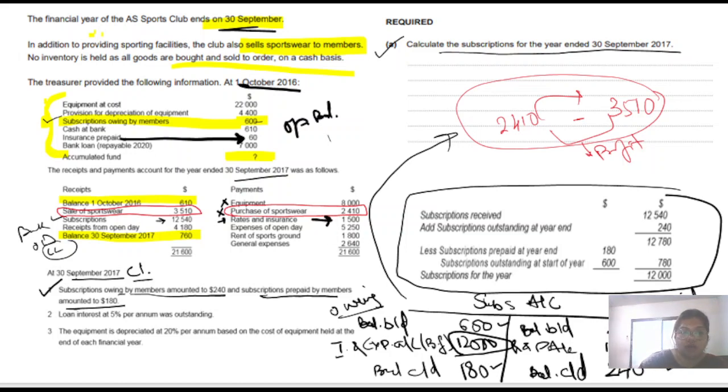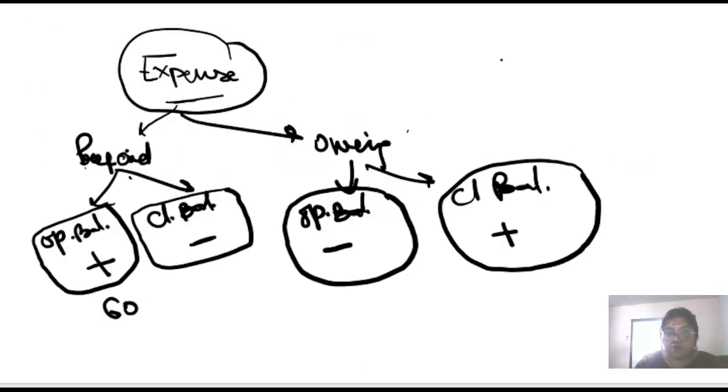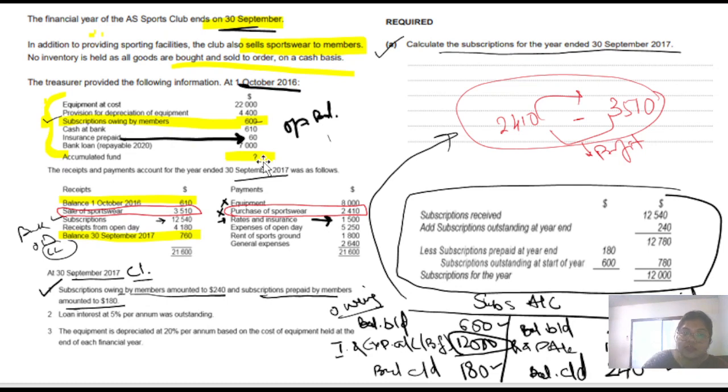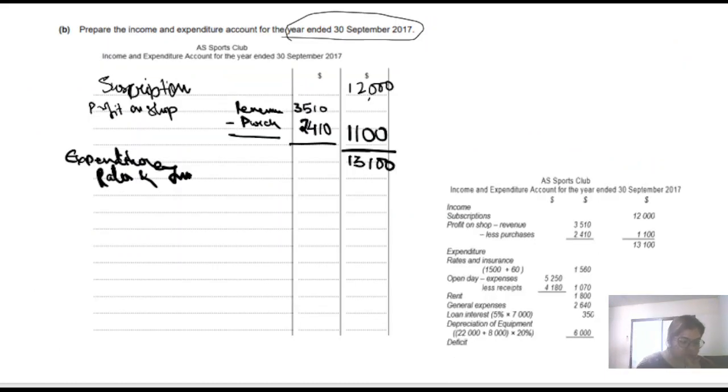So you have to just add 1500 plus 60. Now you came to know why I am saying you have to add 60, because it's your opening balance. And from where do you get to know whether this is opening or closing? It is clearly mentioned in the question. All this information is related to the 1st October, and 1st October is your opening balance. So in the statement, you have to add that, 1500 plus 60.